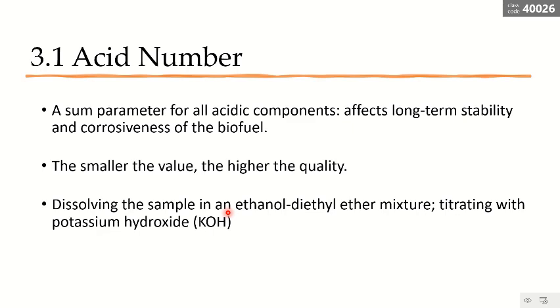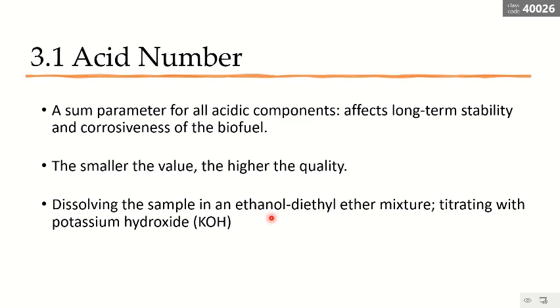And this system can be an ethanol and diethyl ether mixture, which conventionally we make 1:1. Basically, it's one portion of ethanol plus one portion of diethyl ether. For the portion, we commonly use volume rather than 1 gram to 1 gram, that is, 1 milliliter to 1 milliliter.